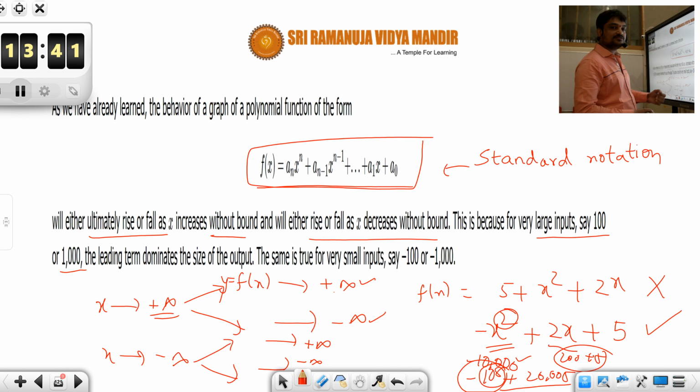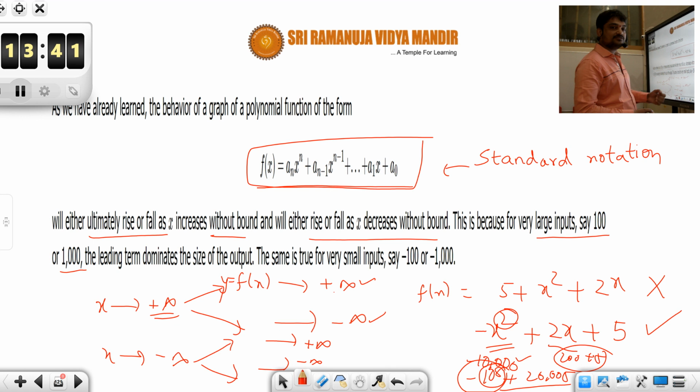Okay, students. So that means the sign of the leading term, the highest degree term, matters. What is the highest degree term in this? The highest exponent is 2, so the degree of the polynomial is 2. Look at the coefficient of that leading term.